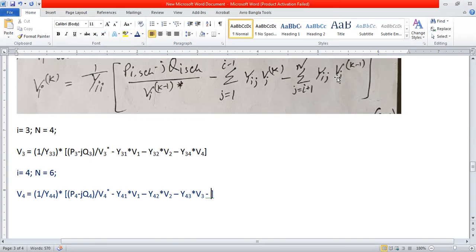So J should be 5 and I is equal to 4: Y45 into V5 and minus Y46 into V6. So this is the final equation.